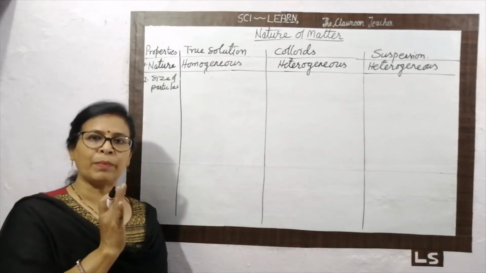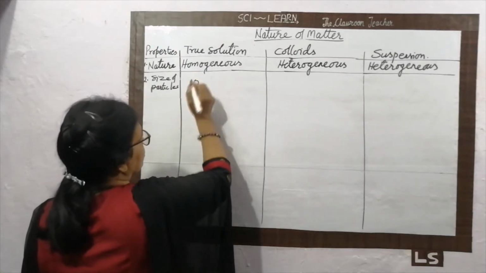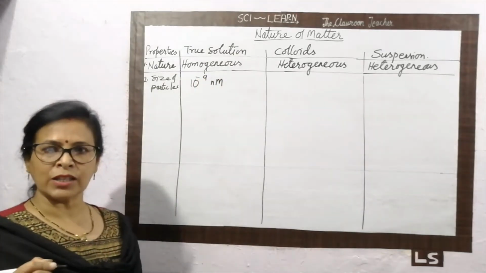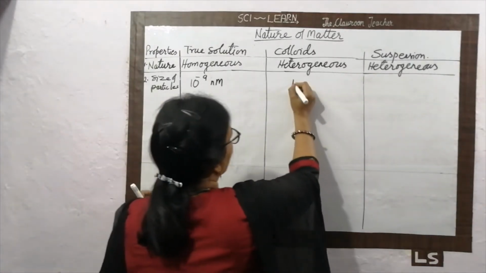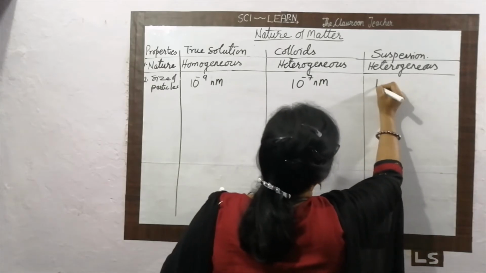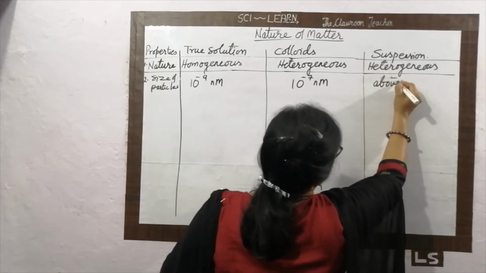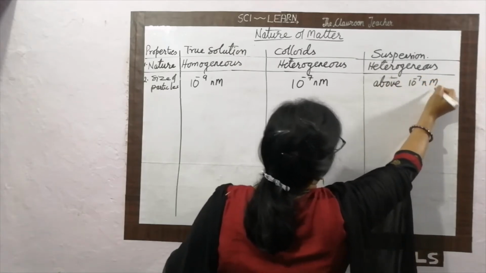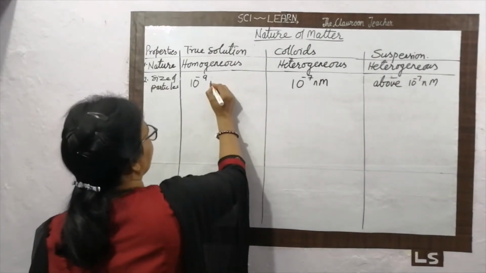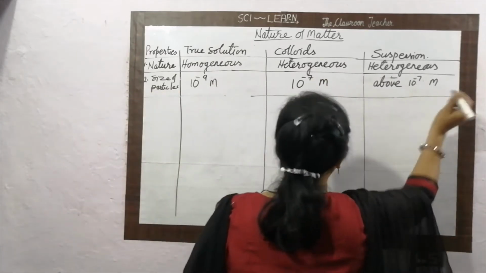The size of the particle in a solution is 10 to the power minus 9 meter. In a colloid, it is near about 10 to the power minus 7 meter. And here, it is more than 10 to the power minus 7, above 10 to the power minus 7 meter. You must take it in meters. So the size of the particle varies in different forms.